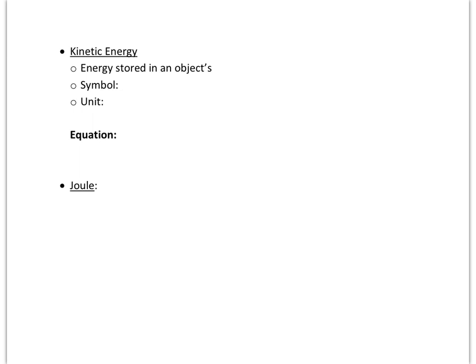The second type of energy we have is kinetic energy, and that is energy stored in an object's motion. So anything moving has kinetic energy. Symbol for kinetic energy is just KE, the first two letters of the two words. And because it's energy, the unit once again is joule, capital J. Equation for kinetic energy is 1/2 mv squared.